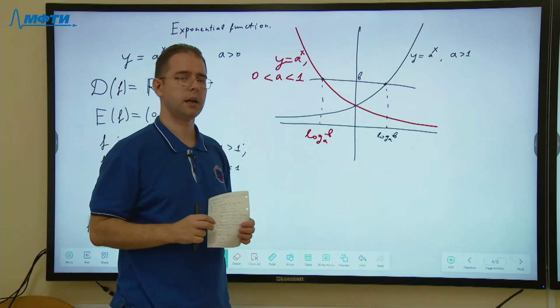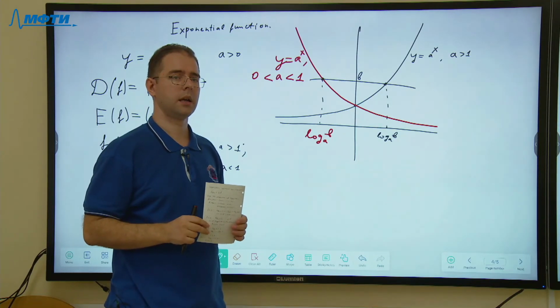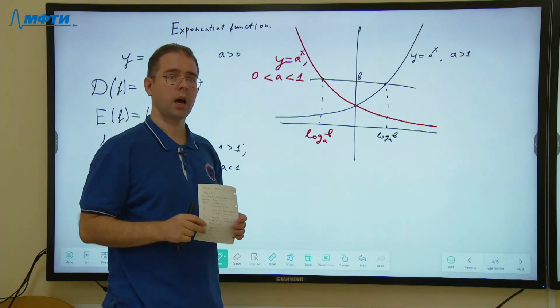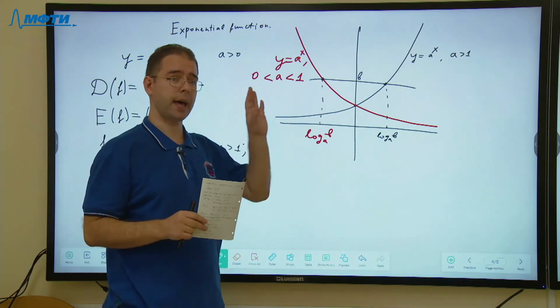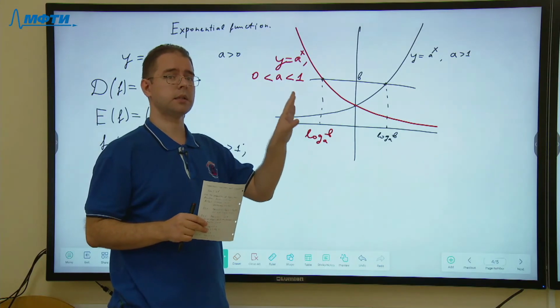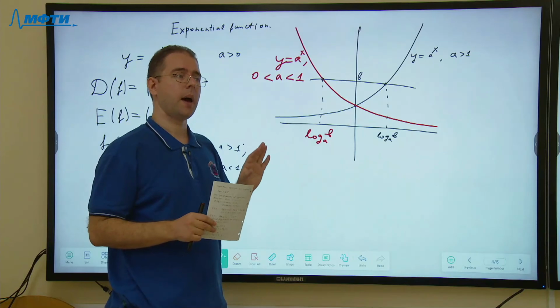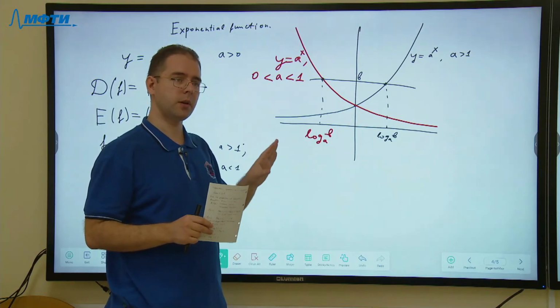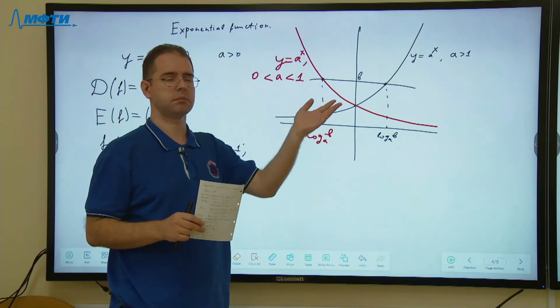I think it's not possible because we said that a is greater than 0. A is greater than 0 and less than 1, so if we take it to some degree, it's not negative. Yes, so a power any power is positive. That's okay. But what's the solution of a power x is greater than a negative number?